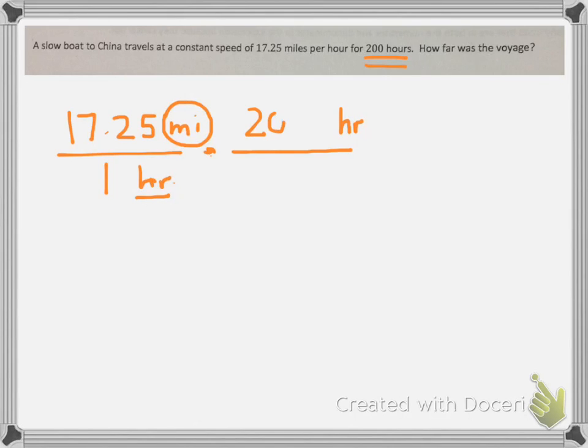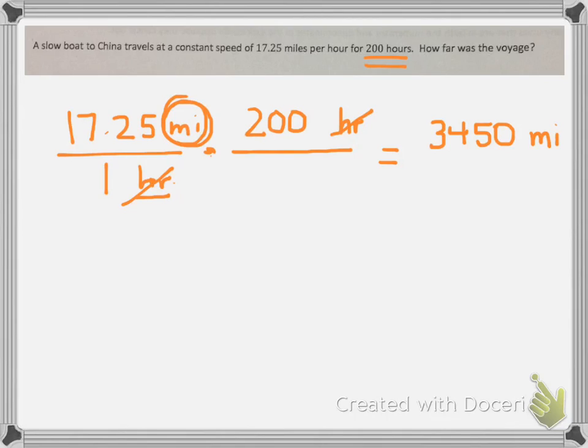I happen to want to know how far it is going to be after 200 hours. And now I just need to do some multiplication. You can see here that hours divided by hours, that's 1, or they cancel out. And then I would multiply here to get, I believe, 3,450. 3,450 what? Well, the only thing left is miles. So that's my answer. The voyage will be 3,450 miles.